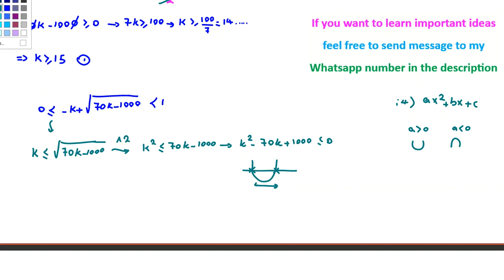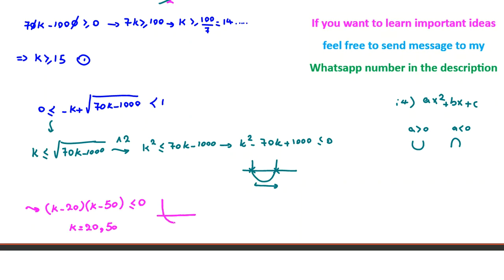For finding the roots, I can say k minus 20 times k minus 50 less than or equal to 0. Minus 20 minus 50 is minus 70, and the product of them is plus 1000. So the roots are 20 and 50.